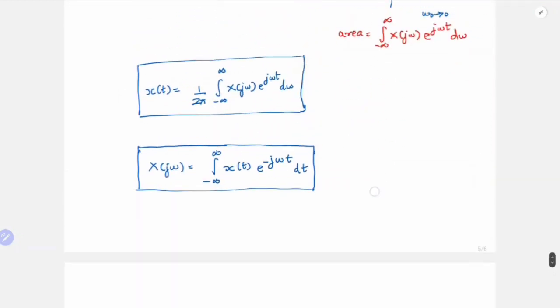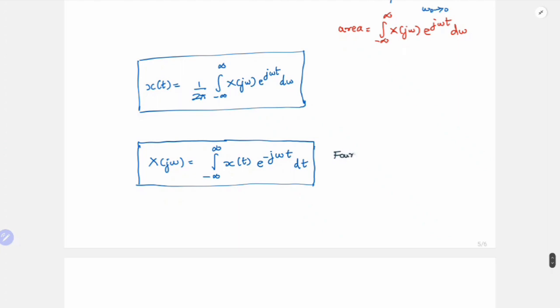So this is called the Fourier transform equation or relation, since we are finding x of j omega, which is the Fourier transform, from the aperiodic signal x of t. And in this, what we are doing is representing x of t, which is an aperiodic signal, as an integral of weighted complex exponentials, right? Which is continuously varying. Omega is continuously varying.